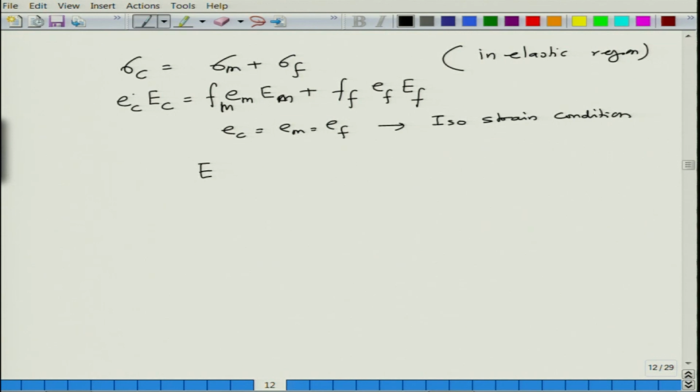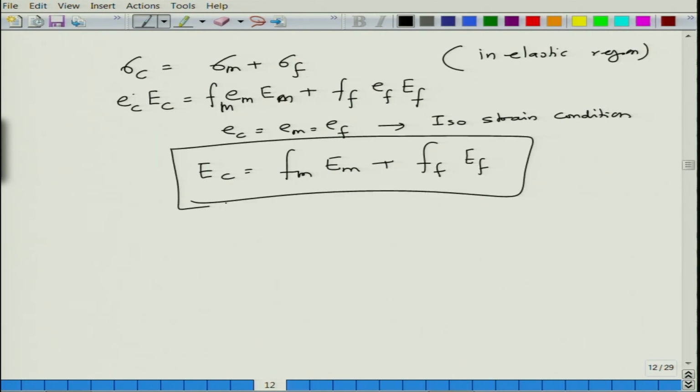So, Ec will be equal to Fm Em plus Ff Ef. So, this is your iso strain condition formula.